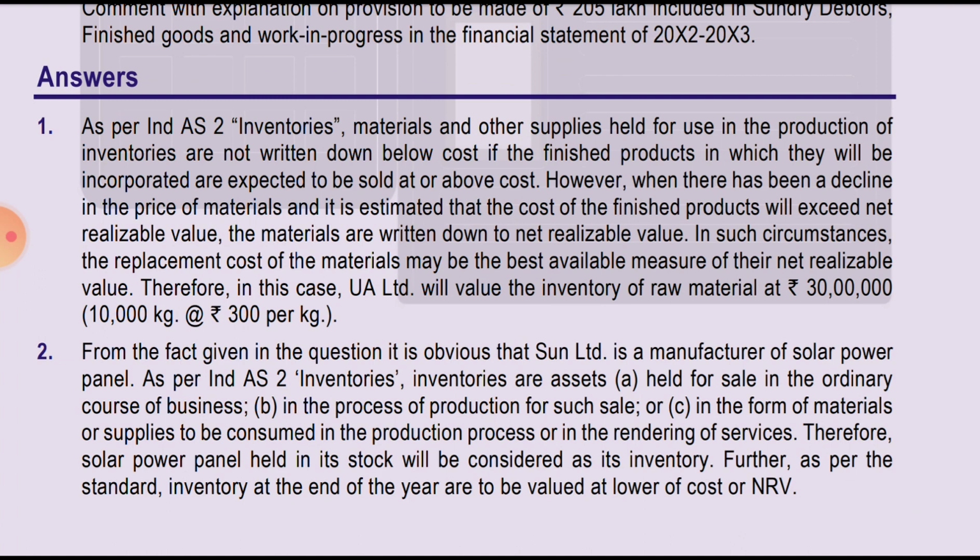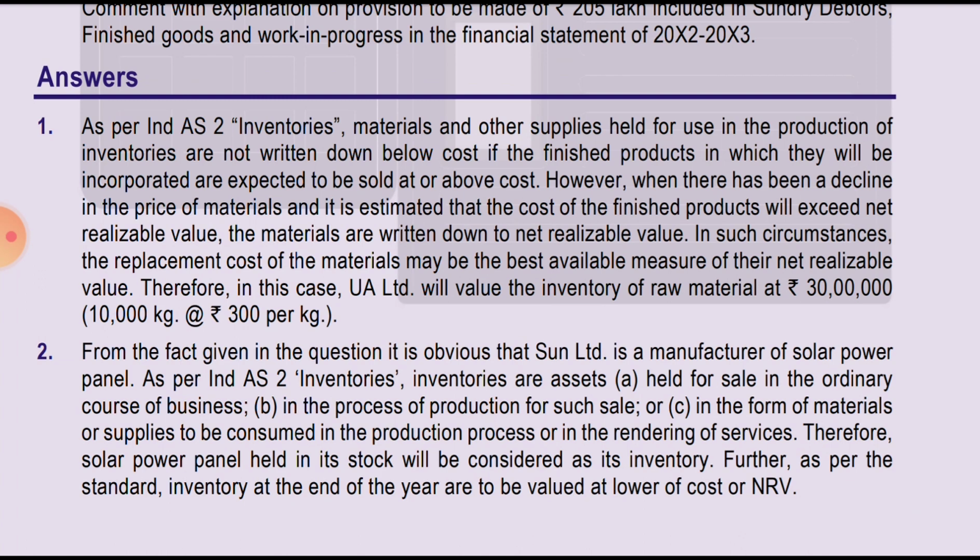However, when there has been a decline in the price of the material, and it is estimated that the cost of the finished goods will exceed the net realizable value, that is the selling price will be less than the cost, the materials are written down.